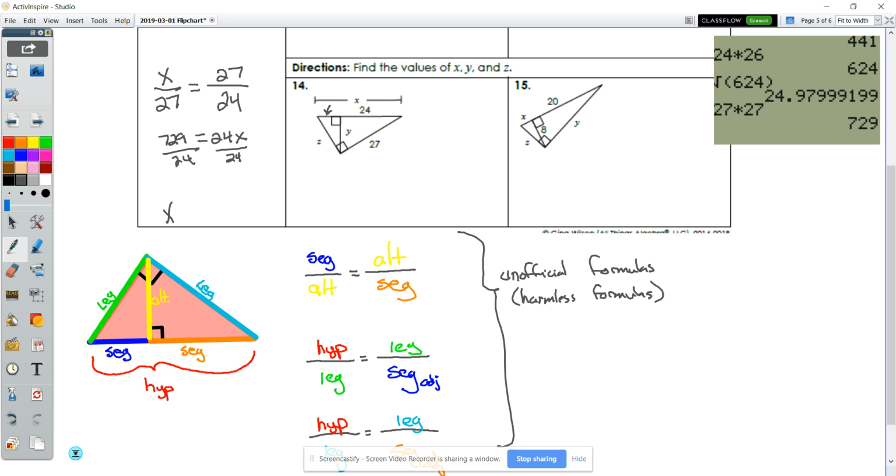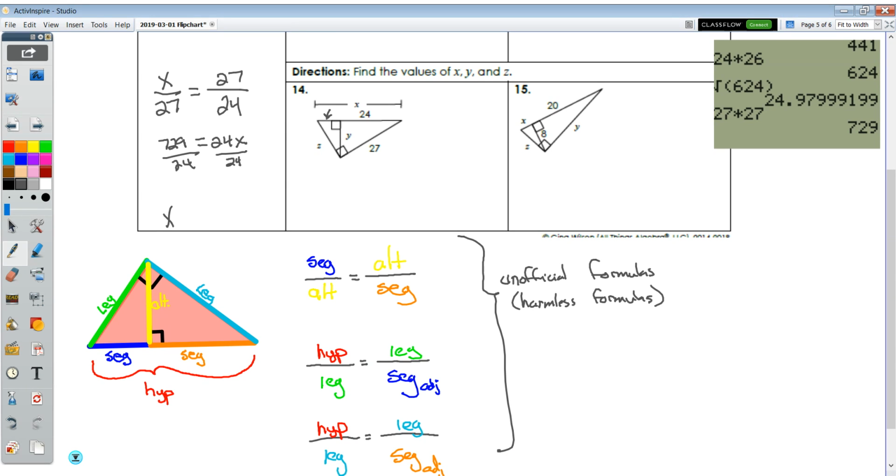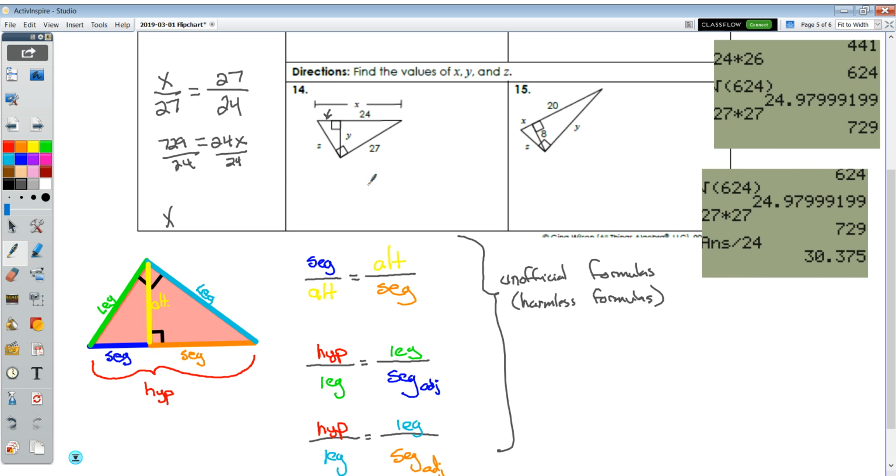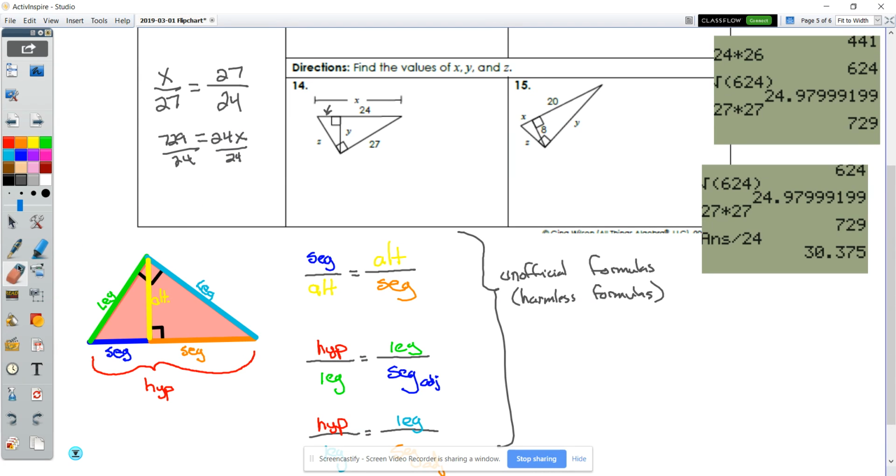So 729 divided by 24, and I'll grab my calculator here. And it doesn't come out evenly. 30.375. So x. All right, so divide by 24, and I'm going to get my x. On this side, x equals 30.375.